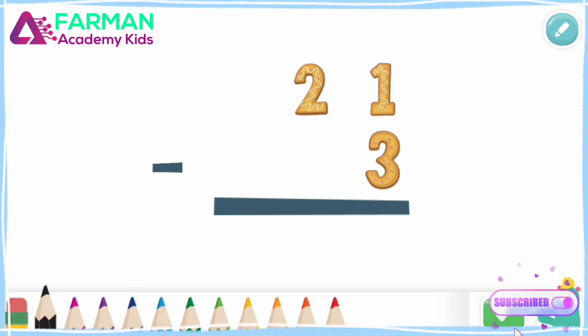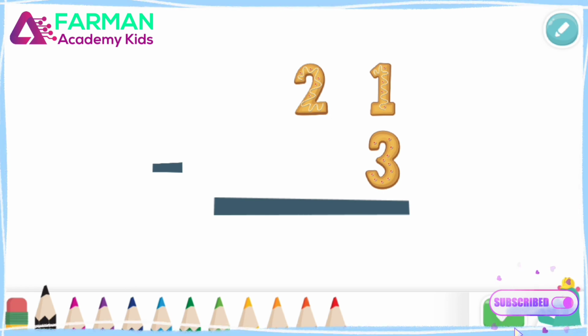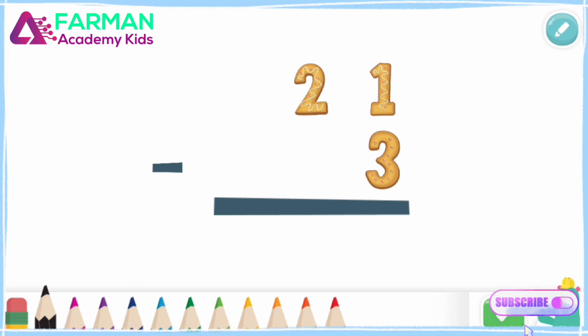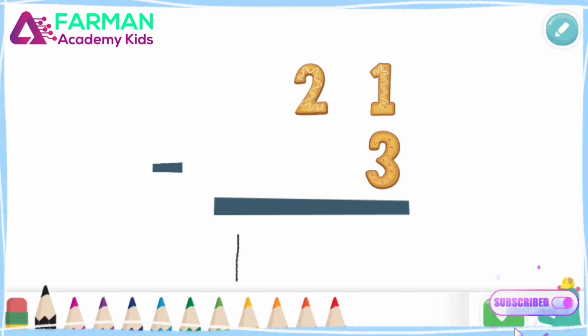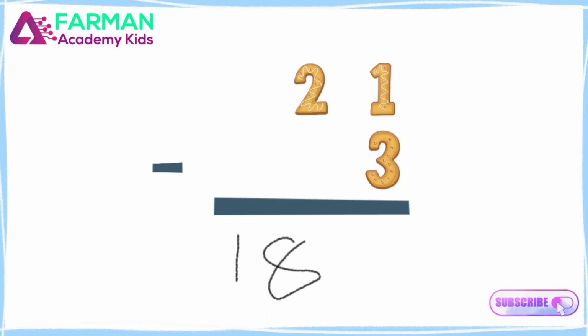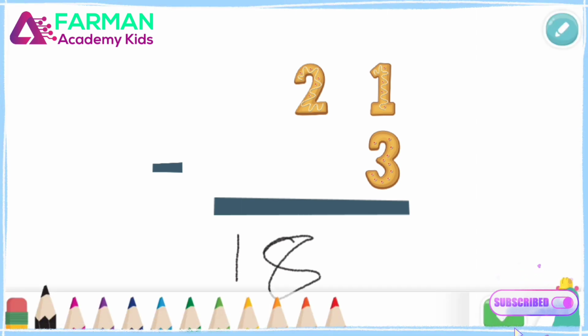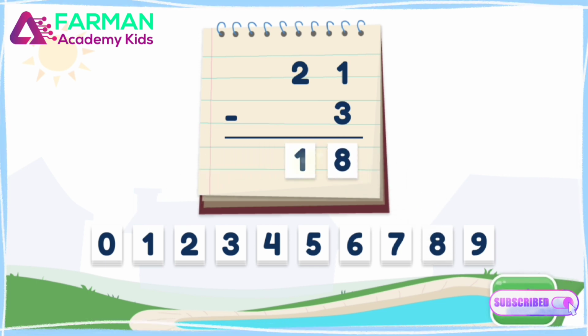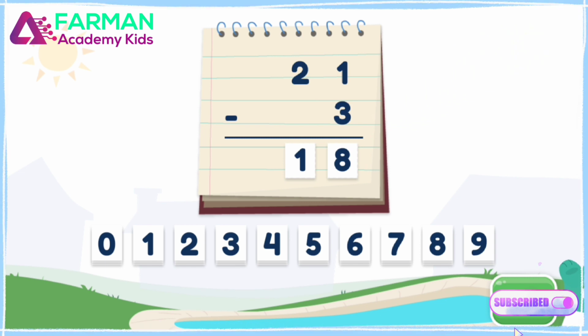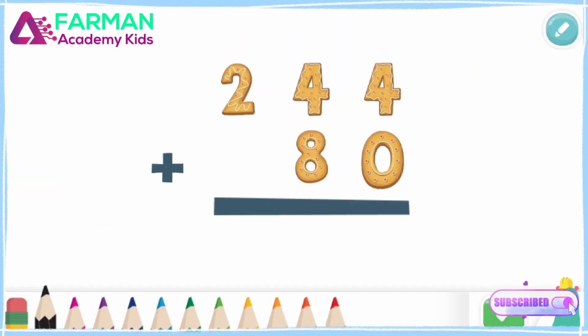What answer did you get on the last question? Good work! Let's add. Press the green button when you're done. What answer did you get on the last question? Great!